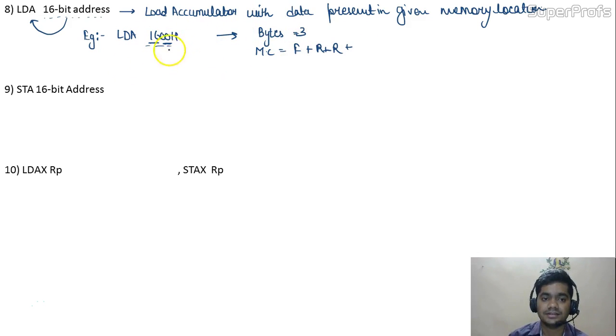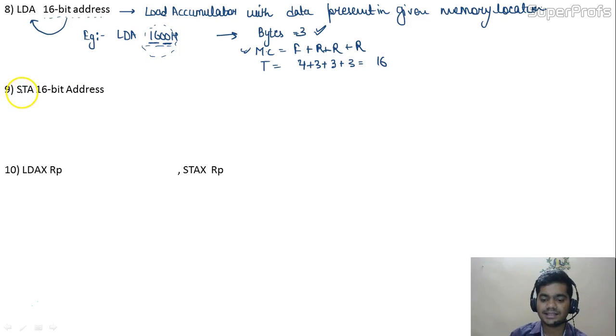Then the data present in this 1600H memory location would be read from the memory. So the total machine cycles involved are fetch plus read plus read plus read. So the total T states available would be 4 plus 3 plus 3 plus 3, that is 16.